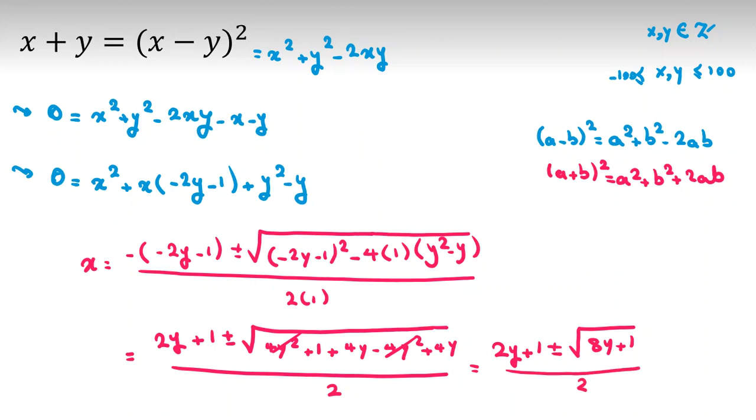You know 8y plus 1 should be a perfect square because x is an integer and y is also an integer. Then it will be odd plus or minus odd, which is even, over 2 will be an integer. So the only thing we should pay attention to is that 8y plus 1 should be a perfect square.